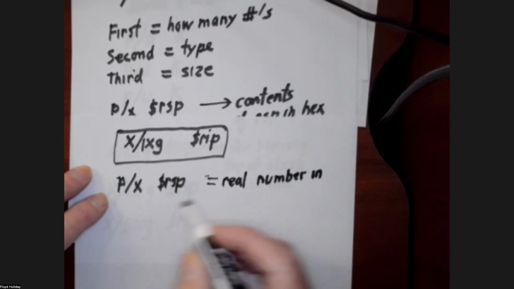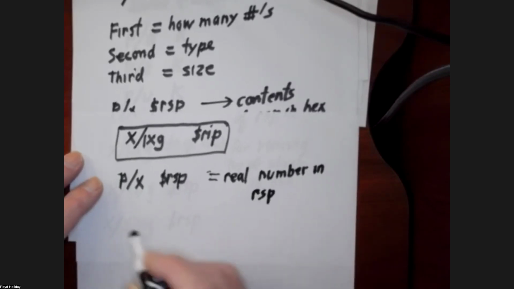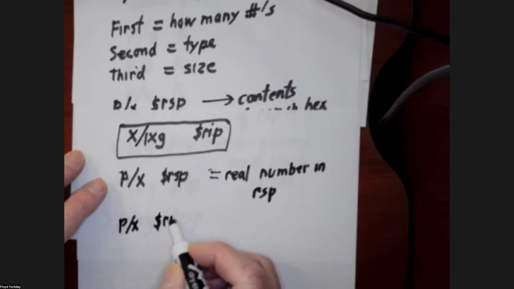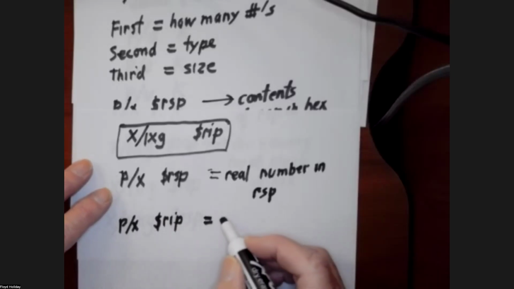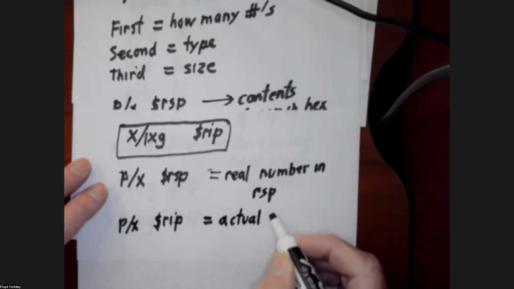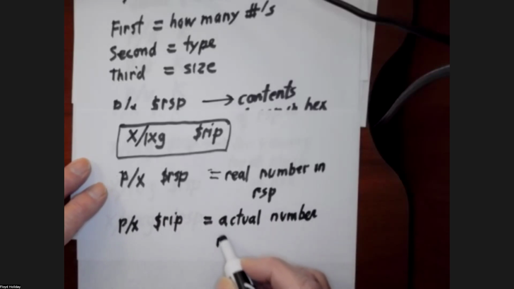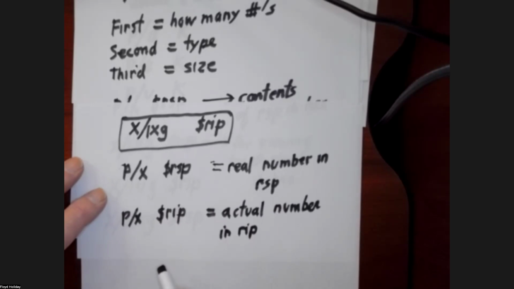Okay, I'll just write it again. RSP. Now, P/X $RIP is a true real number stored in RIP. That number will be the address of the instruction that's going to be executed next.